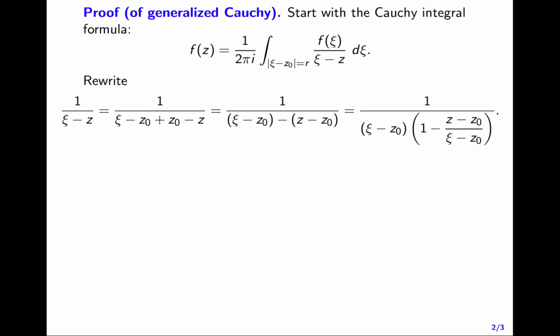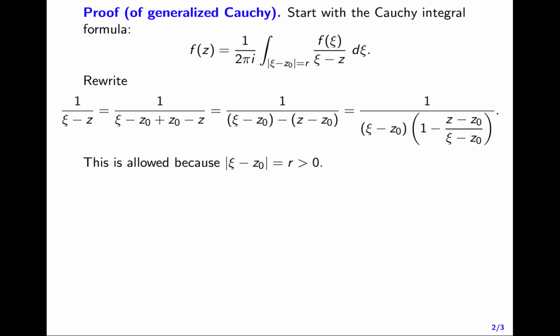And then I can factor this. I'll pull out a factor of ζ minus z0. So I get 1 over ζ minus z0 times the quantity 1 minus (z minus z0) divided by (ζ minus z0). Hit pause for a moment if you need to chase through all the algebra here. This is important technical stuff.